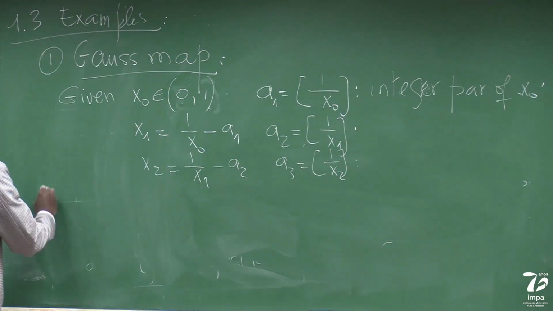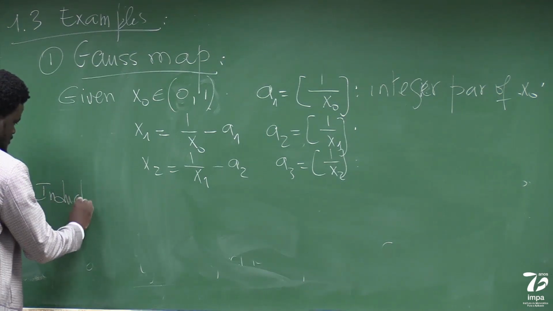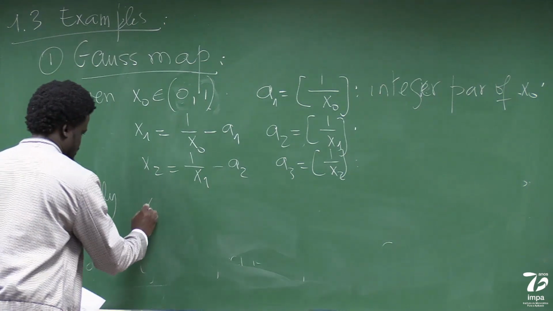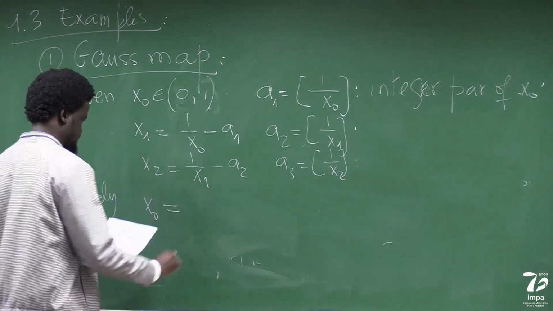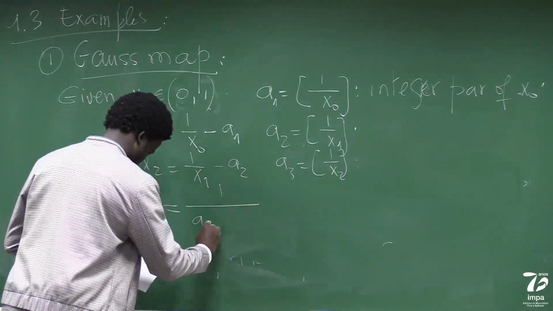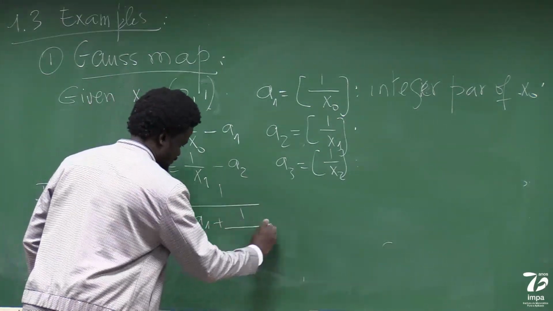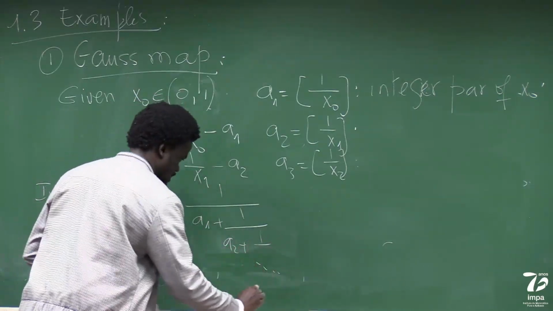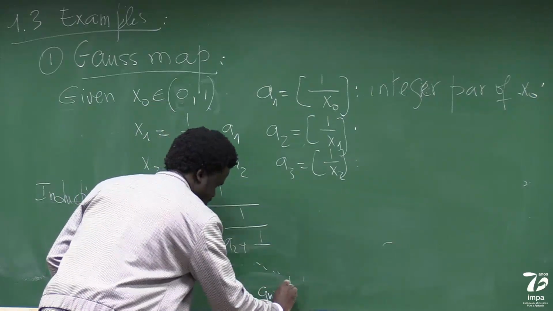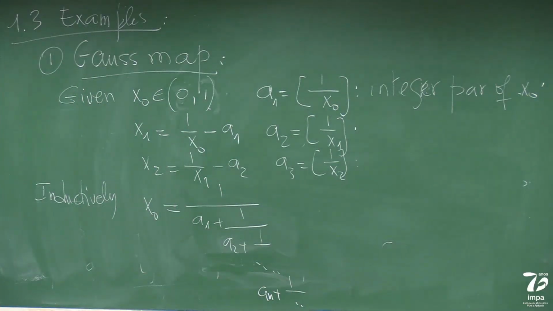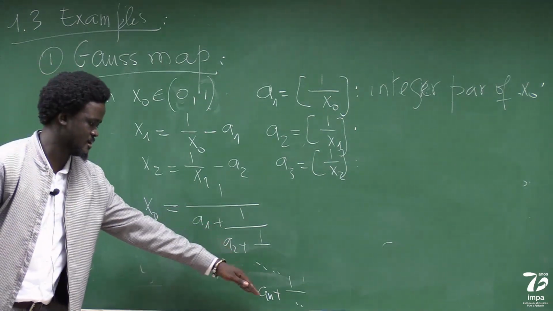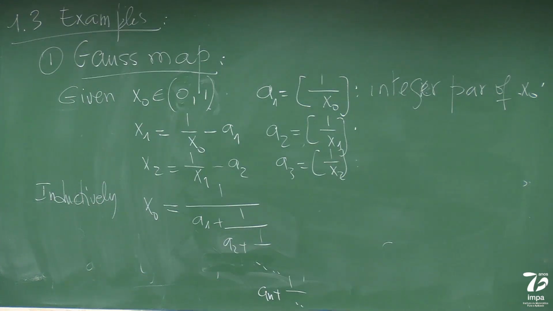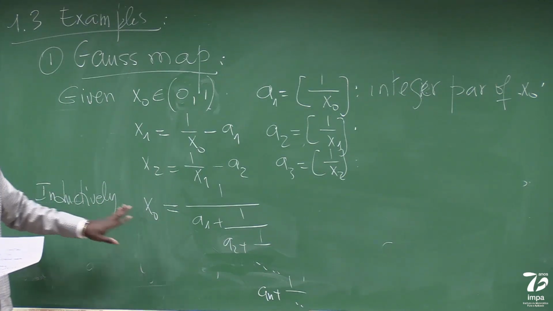So inductively, what you get is you have this type of expansion: x naught, you write it as 1 over a1 plus 1 over a2 plus 1 over and so on until an plus 1 over and so on. So this is like a fraction expansion. This sequence a1, an gives the fraction expansion of this number x naught.